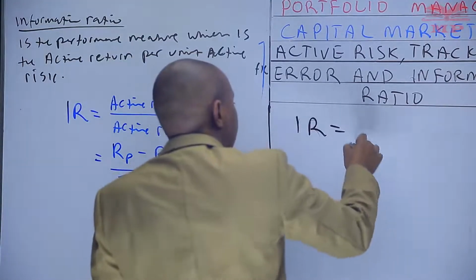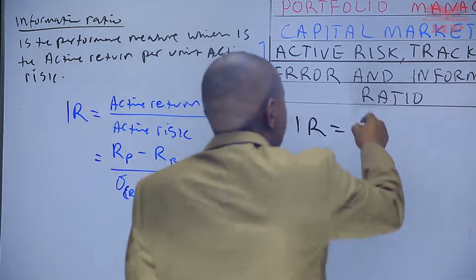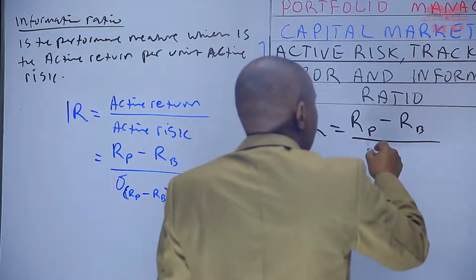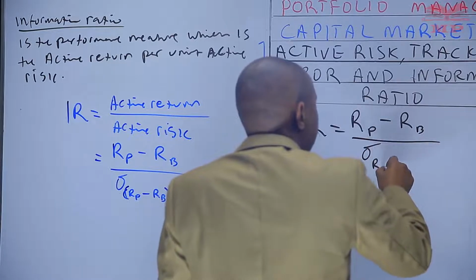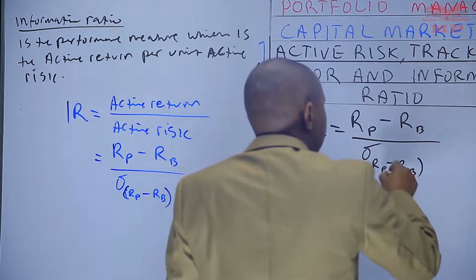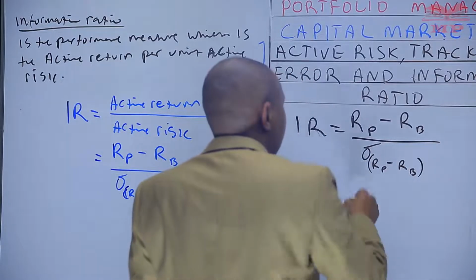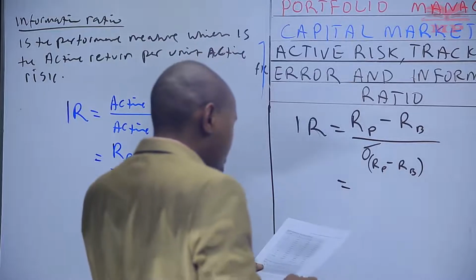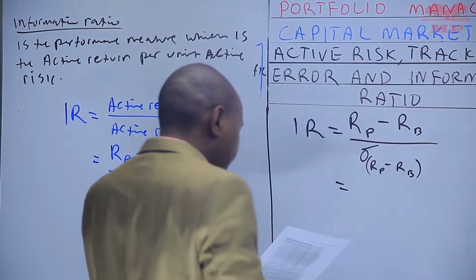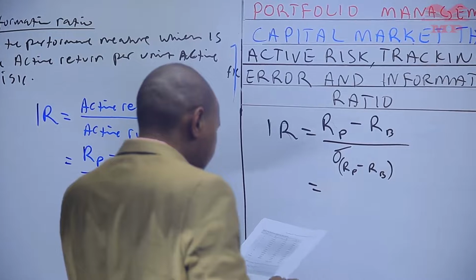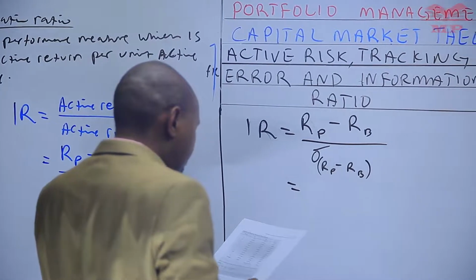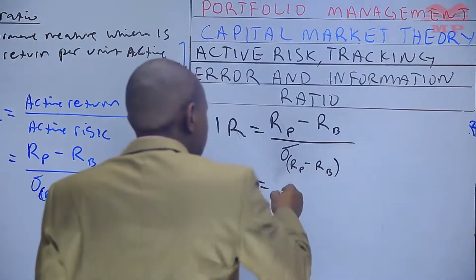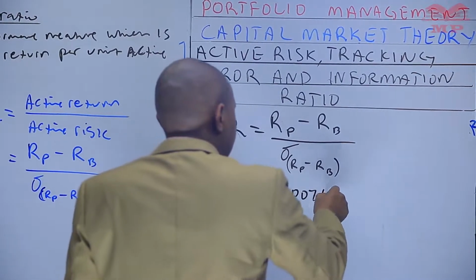So the information ratio is given as, in this case, RP minus RB all over the standard deviation of RP minus RB. That is the return on the portfolio minus the return on the benchmark. You can see the return on the portfolio, the sum of it, is 0.0076.